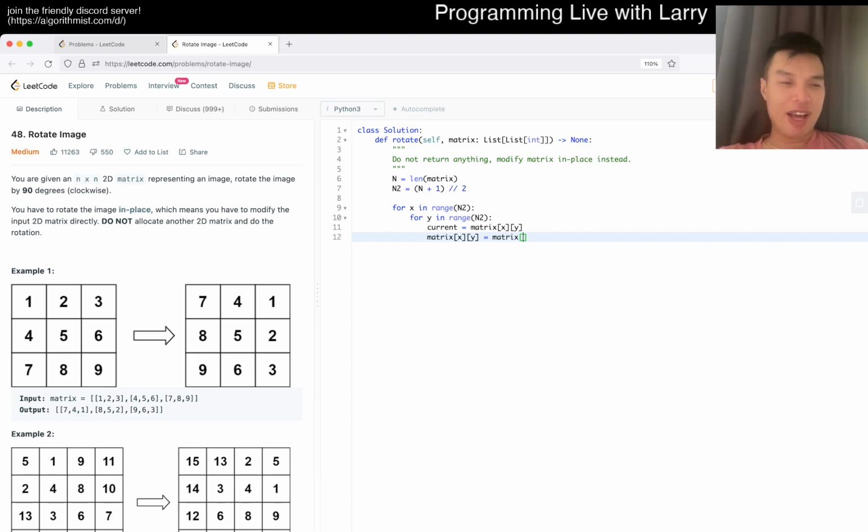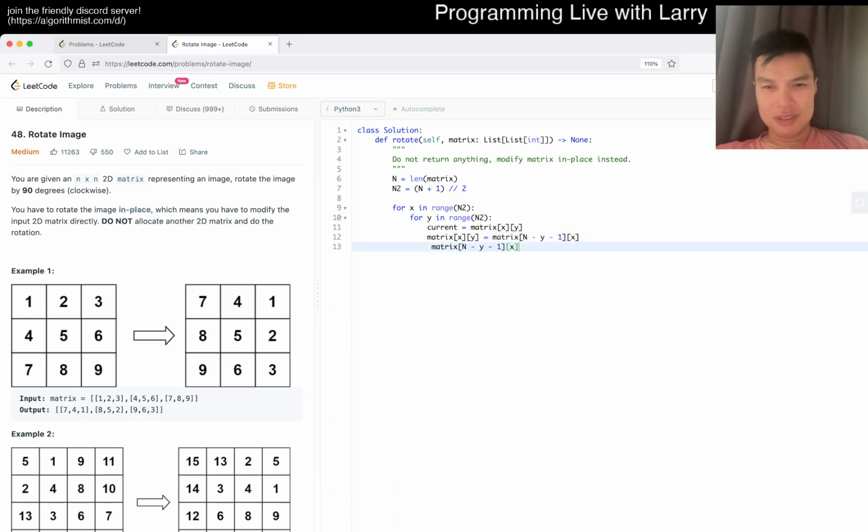Okay, so now x, y, we have n minus y, maybe y minus 1, x, and then this number is equal to matrix of n minus x minus 1, n minus y minus 1, and then you have this number, and my eyes are tired.